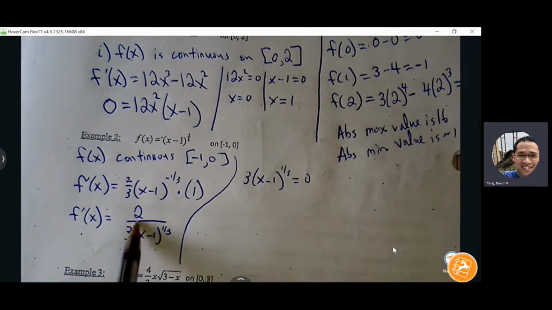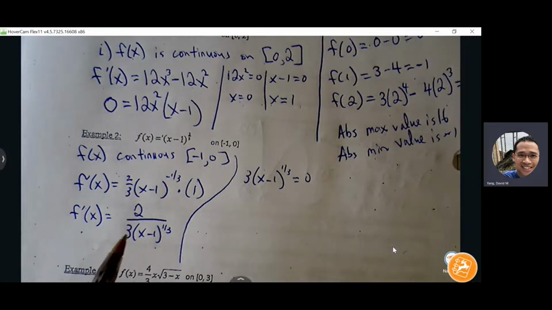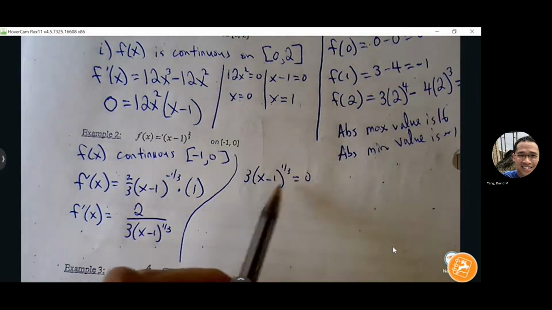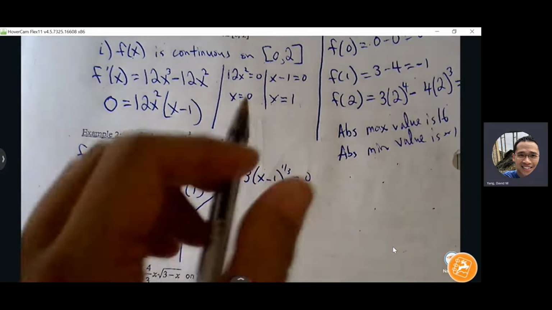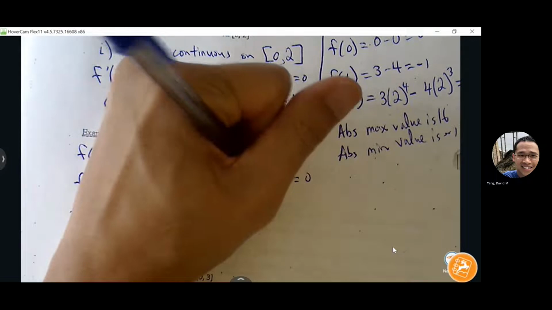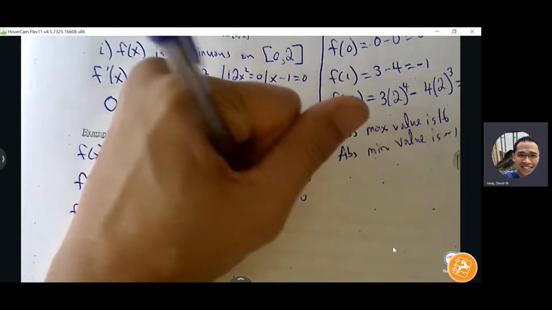Now, anytime you set the denominator of the derivative equal to 0, you're basically looking for slope potential candidate. Do both sides.